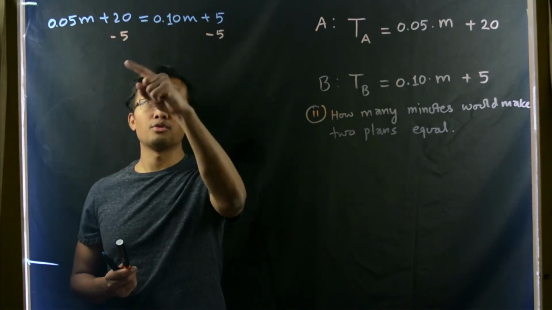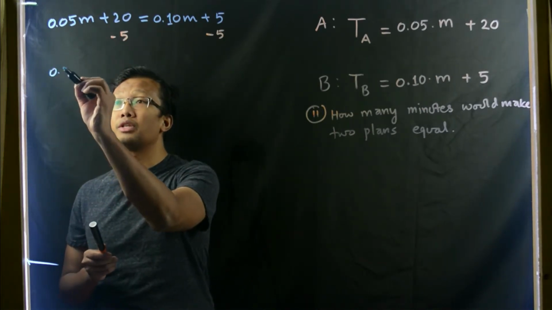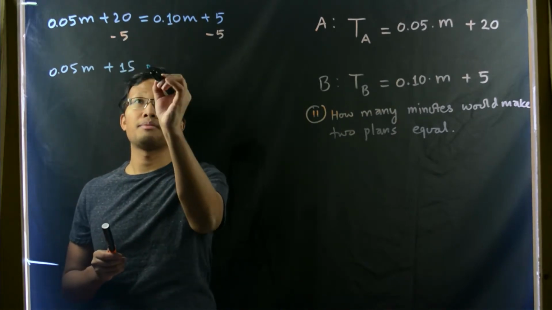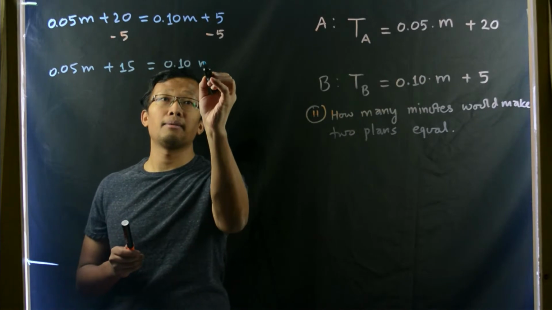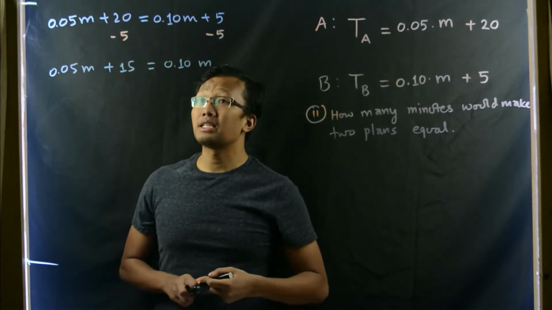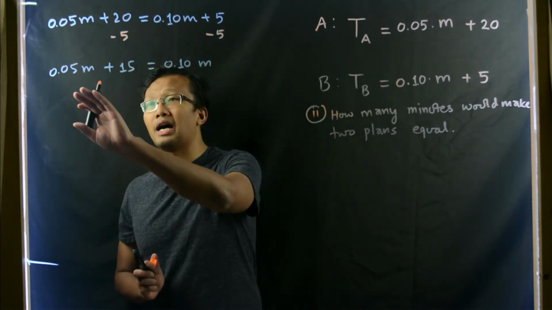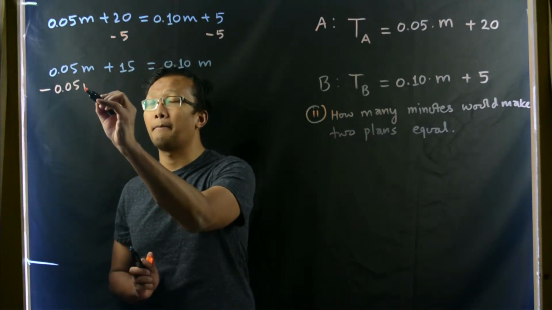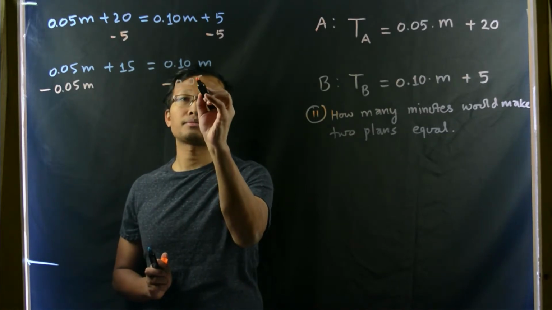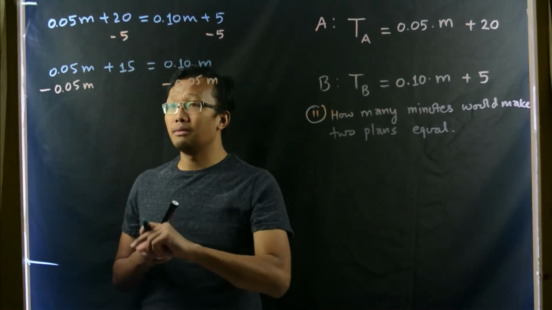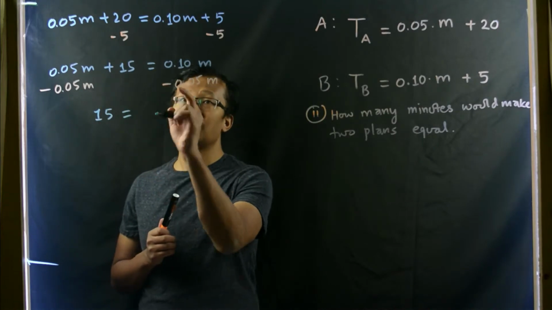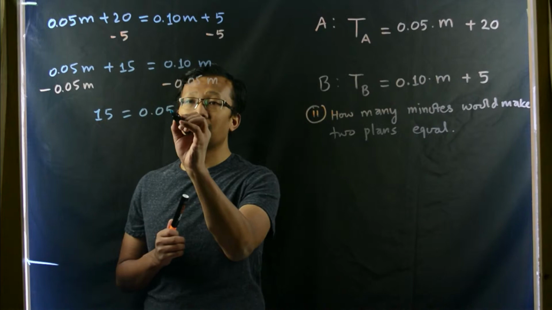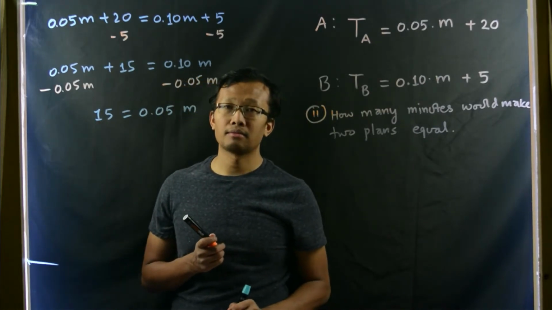Let's subtract 5 from both sides, which will give us 0.05M plus 15, since 20 minus 5 is 15, equals 0.10M. Then we want to isolate the expression involving M, so let us subtract 0.05M on both sides. That will give us 15 equals 0.10 minus 0.05, which is simply 0.05M.